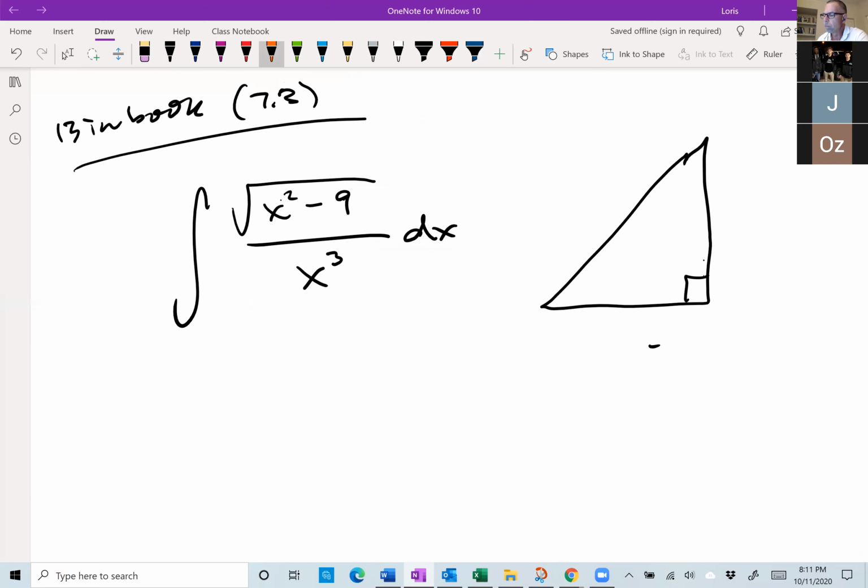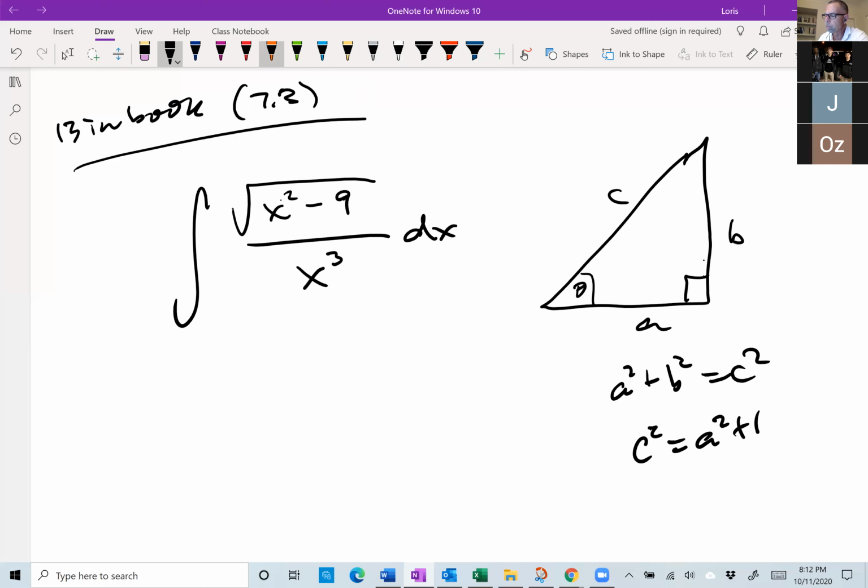In other words, if you have a, b, and c, and here's your theta, you have a squared plus b squared is c squared. Let me write it as c squared equals a squared plus b squared. If you pull the a squared over, it's c squared minus a squared equals b squared.